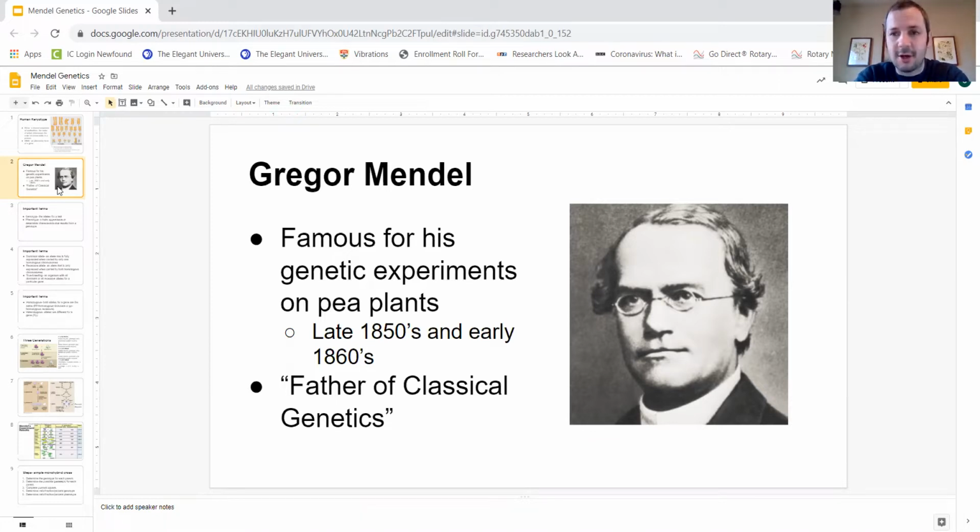He was an avid gardener. So not really a scientist, but kind of a hobby. But today he's known as the father of classical genetics. He kind of died not knowing how important his work would end up being. But today he's one of the most important people ever in genetics.